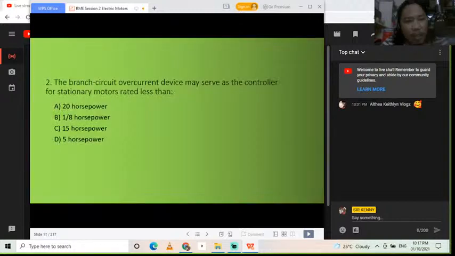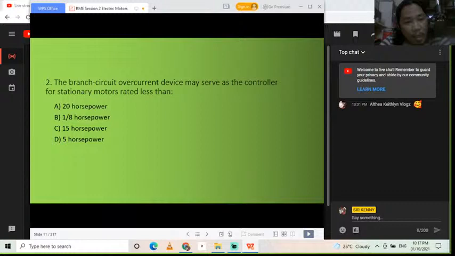The branch circuit overcurrent device may serve as the controller for stationary motors rated less than blank. Okay. So, rated less than blank. So, A, 20 horsepower, B, 1/8 horsepower, C, 15 horsepower, D, 5 horsepower. So, alin po dyan ang tamang sagot?